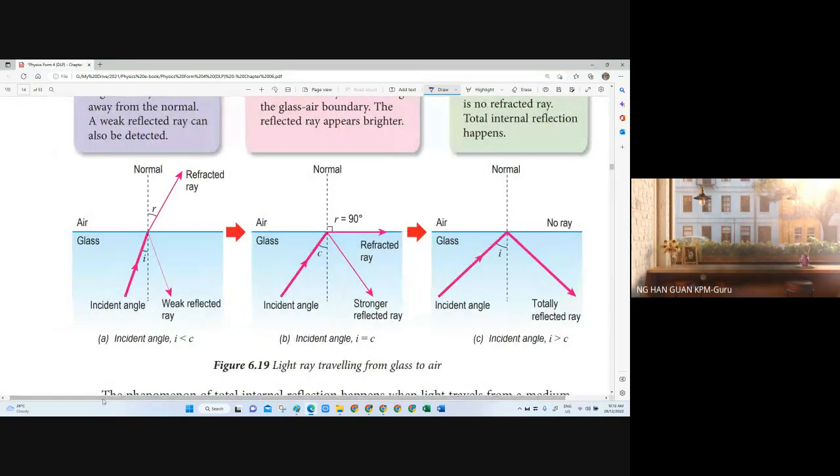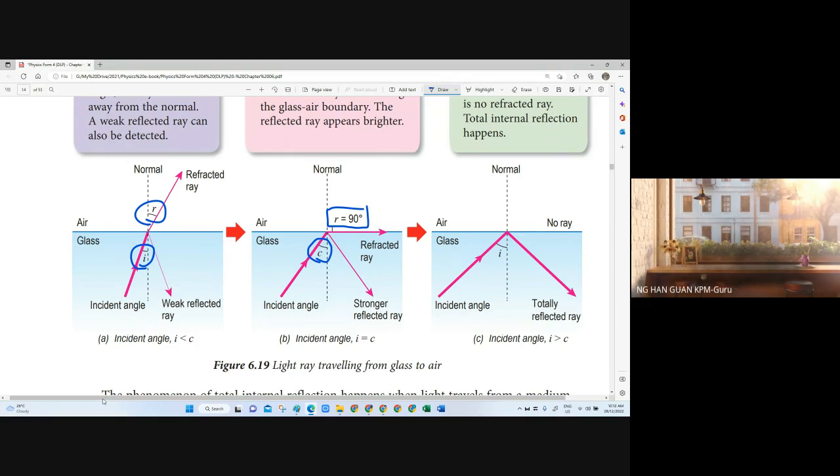So just like this one, when I increase the angle I further, it will make the angle R bigger, until the moment the angle R equals 90 degrees. This incident angle in the optically denser medium, we call it the critical angle.